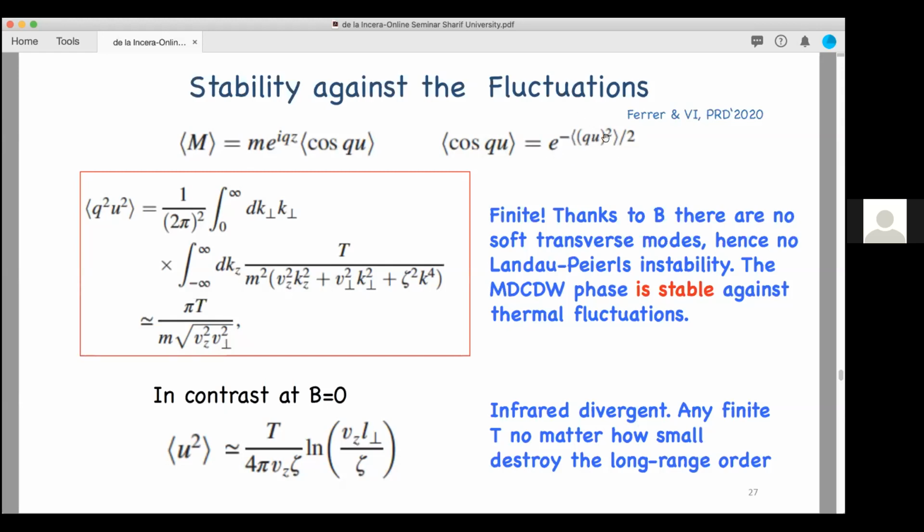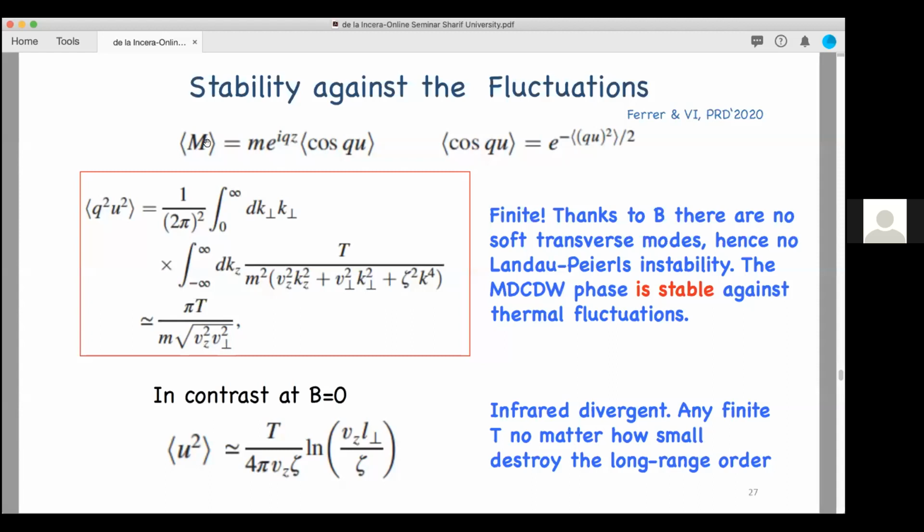So bottom line, what you need to find is the average of QU squared. And this can be calculated from the spectrum, and from the theory of the fluctuations, from the free energy, and it is finite. If this is finite, so this is non-zero, okay?